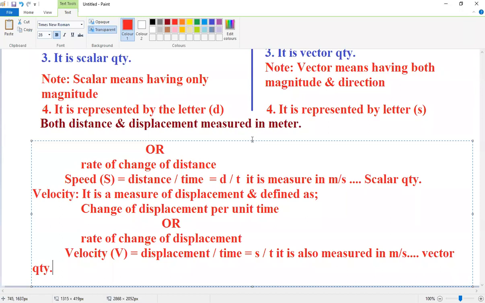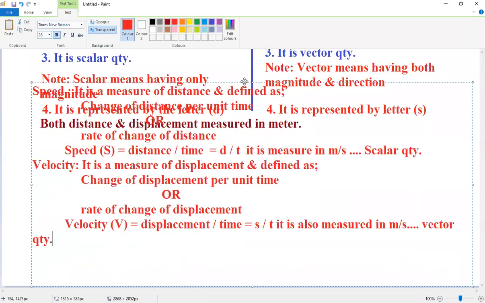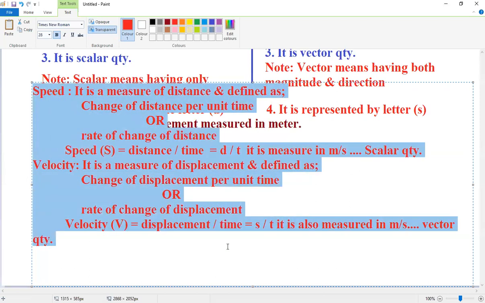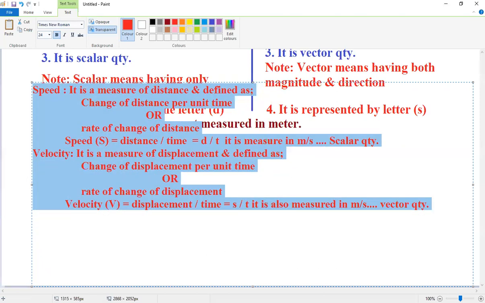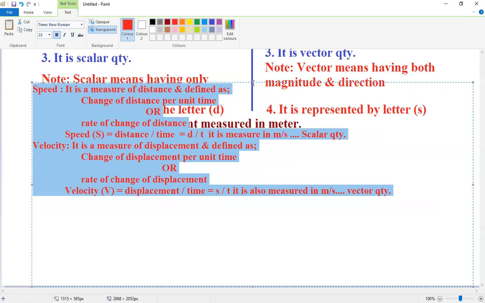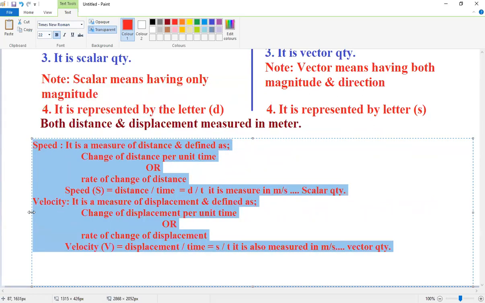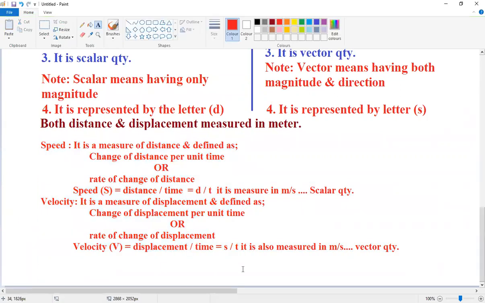Done? Just a moment, let me arrange it properly. Okay.